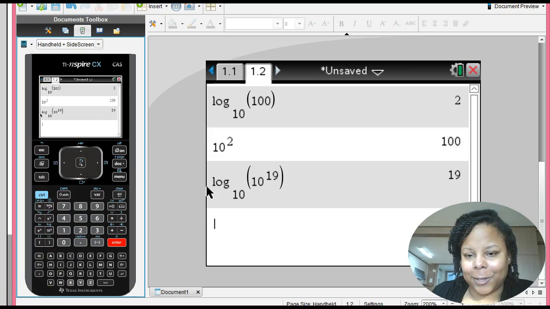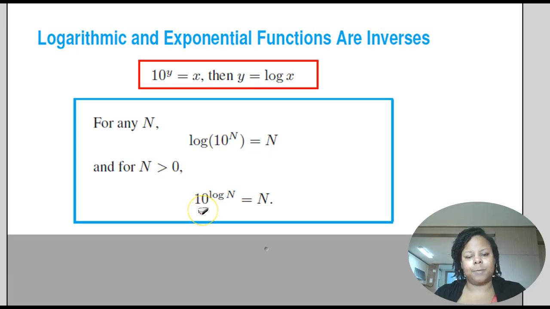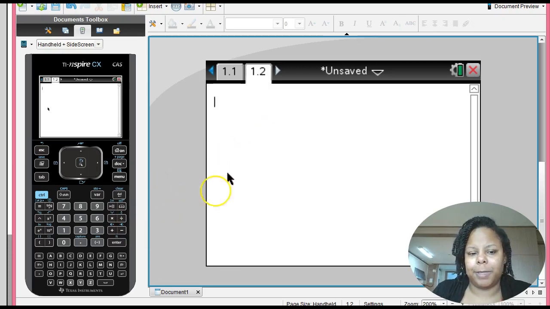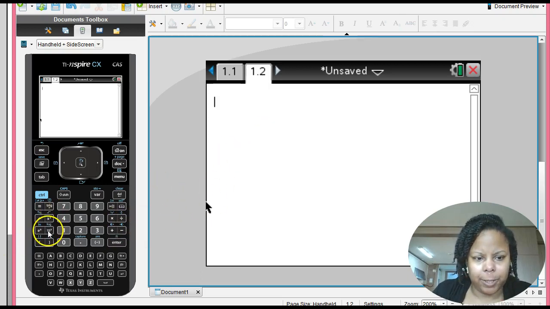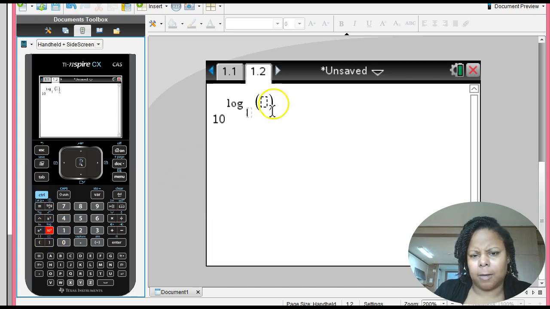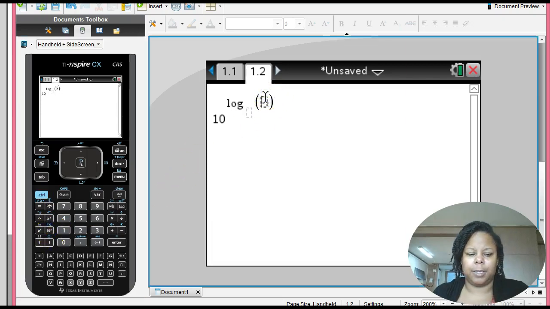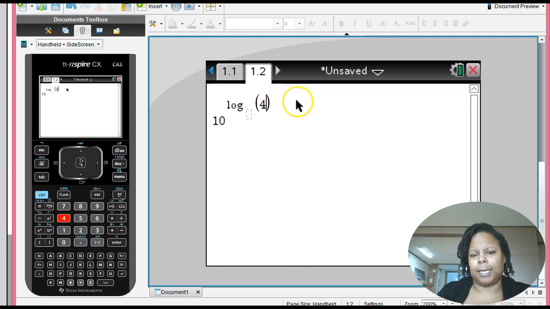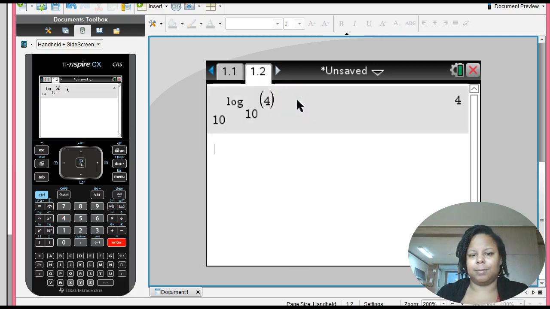All right, let's take a look at another problem. Over here, if I take the exponent of a log with the same base, then I get the input of the log as the output. So let's try that with this case. Let me do 10 to the, and I'm going to do log. Because they have the same base, I'm going to put 4. And guess what I get out? 4.